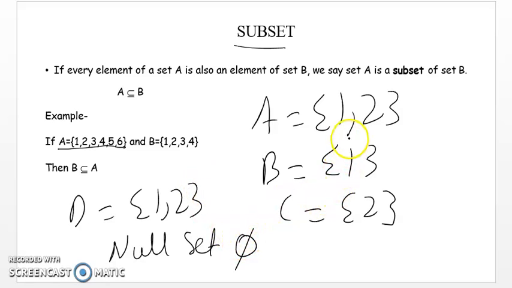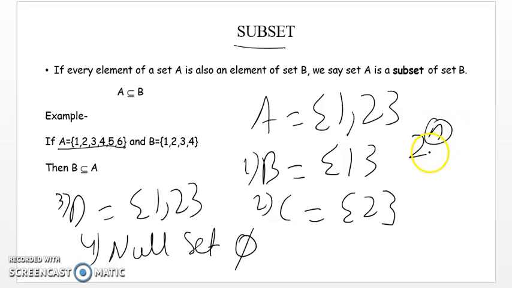So now if you see, for two elements, there are a total number of subsets: 1, 2, 3 and 4. So the formula for the possible number of subsets of any set is 2 power n, where n is the number of elements in that specific set. Like A has 2 elements, so 2 power 2 is 4. So the total possible number of subsets of A is 4.